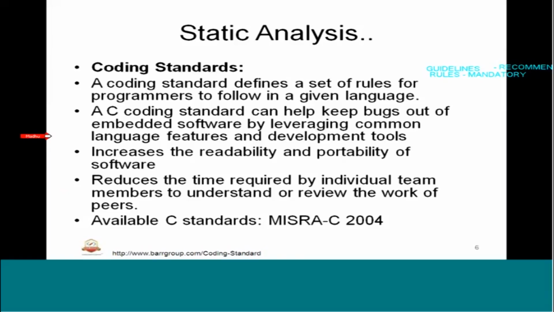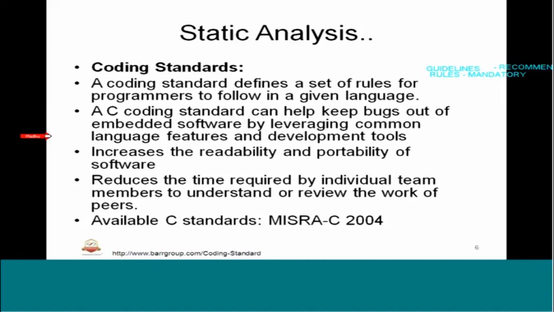Till then, it is not revealed. So it is difficult to fix if it is found after a few months. The program was developed today and the bug was found after a few months. It is difficult to fix such issues because readability or the coding standard has not been followed. We don't know where the issue is.